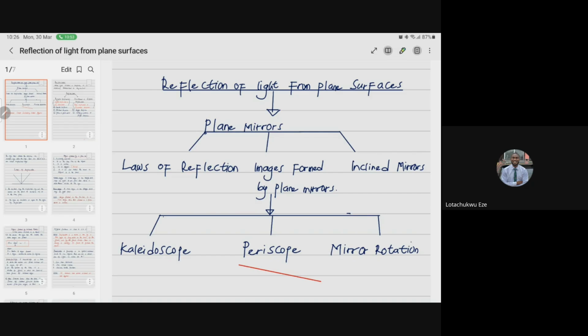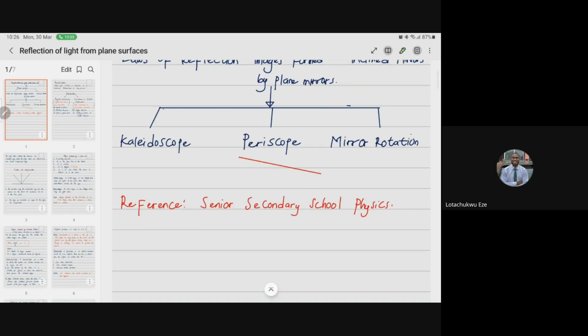The textbook I'm using for my reference is Senior Secondary School Physics, written by P.N. Okeke and Anyakoha. There are two textbooks.